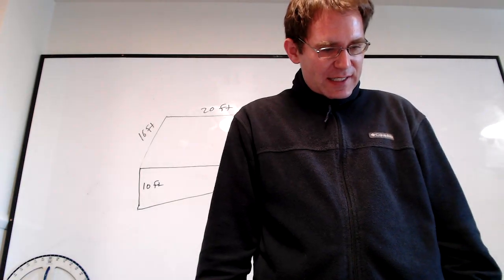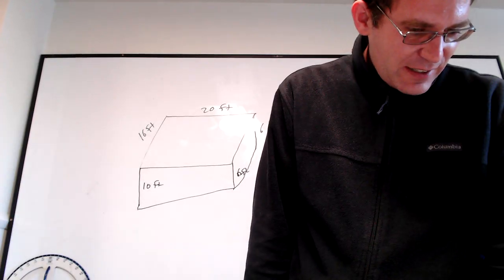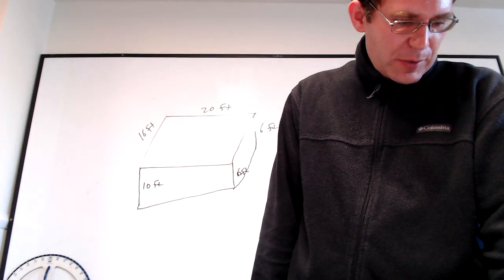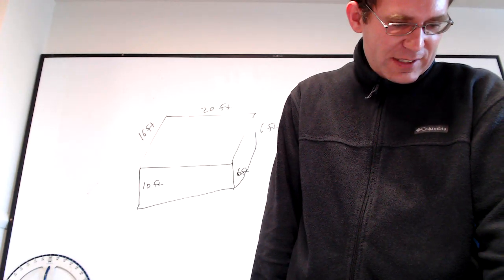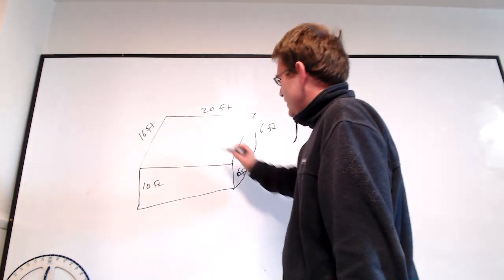So if we want to find the volume, oh wait, there's some other details here. Assume that the walls of the pool are perpendicular to the opening, and the opening is a rectangle. Okay, so this here is a rectangle, right?